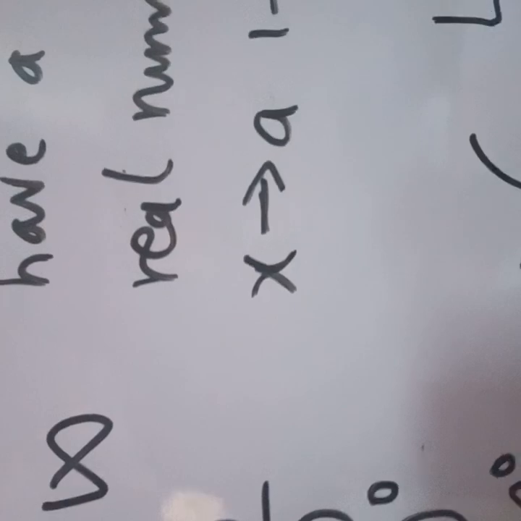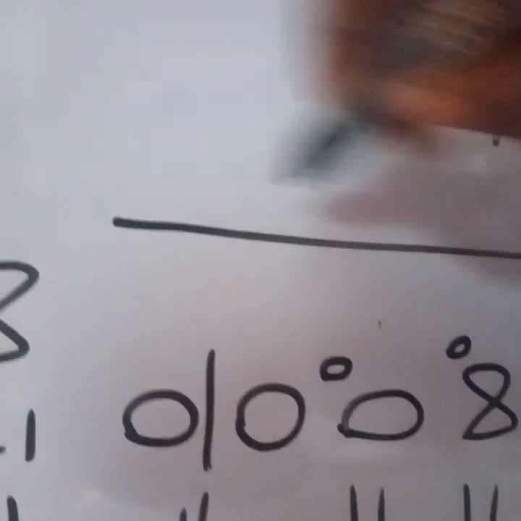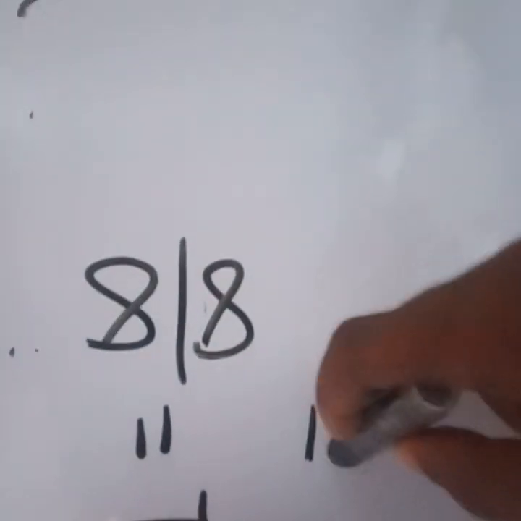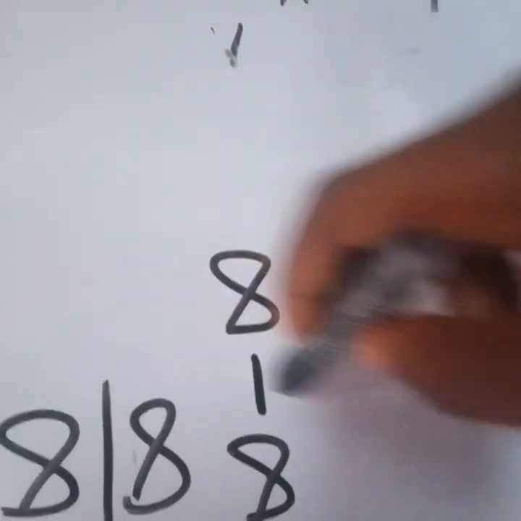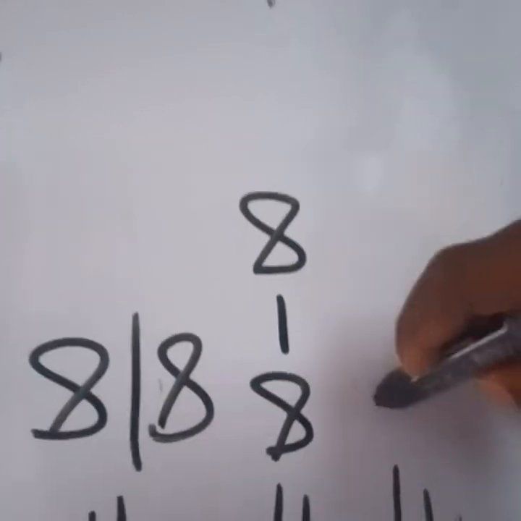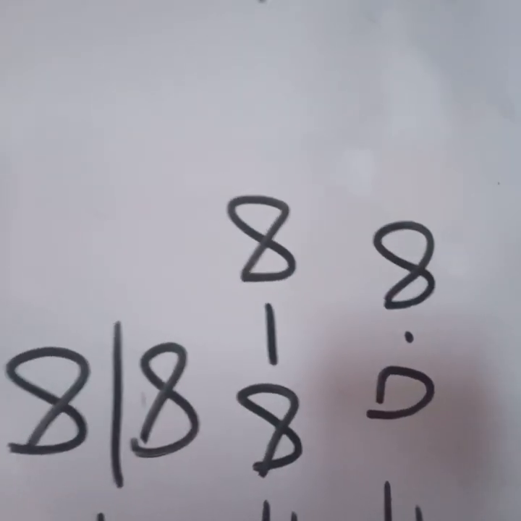We also have a case where L could be infinity over infinity, infinity minus infinity, or infinity multiplied by 0.